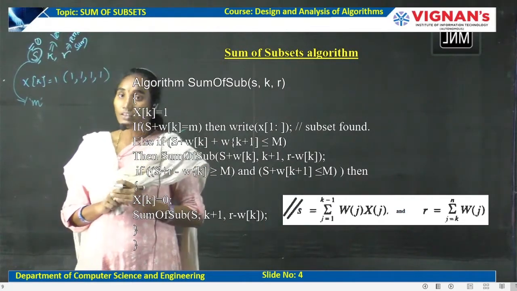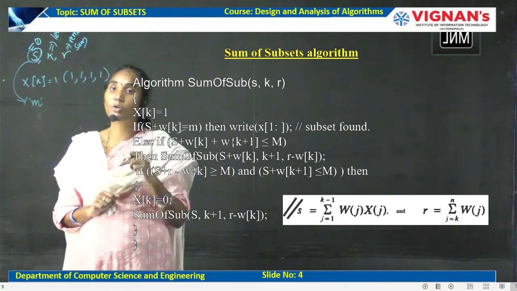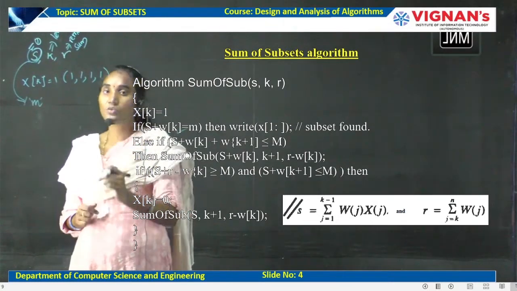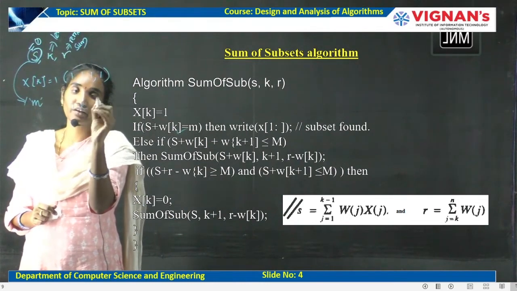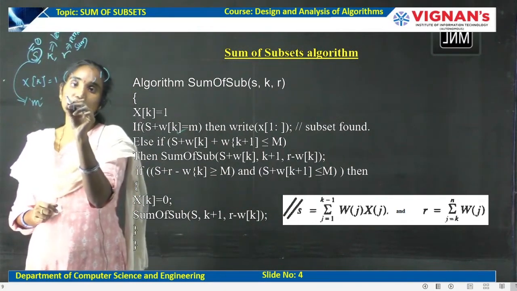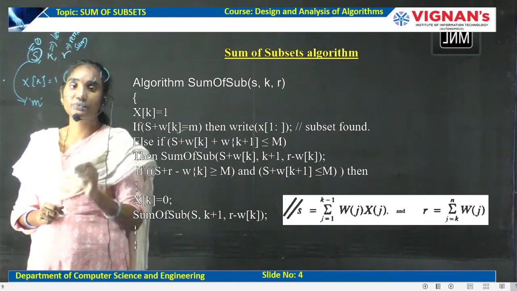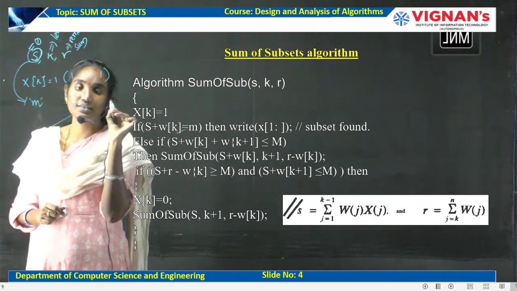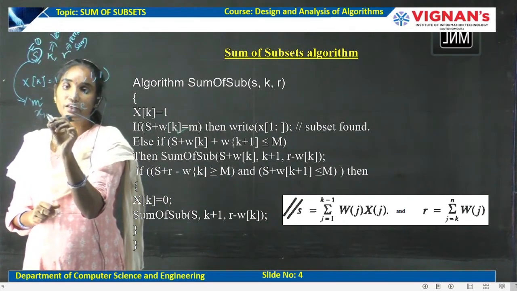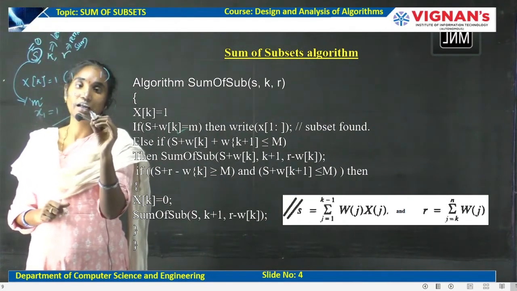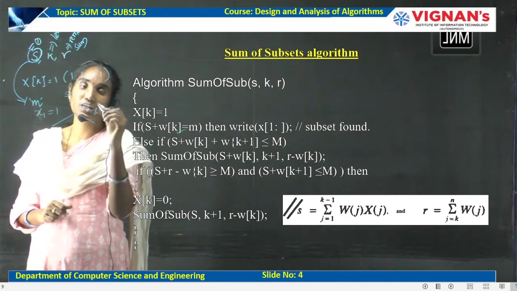Now otherwise, what I'm doing here, I'm calling this sum of subsets. So here, for suppose this is my tree root node, right? Where I'm having s, k, r values, right? So here this is a left subtree and this is a right subtree. So left subtree stands for x1 equal to 1 and right subtree stands for x1 equal to 0.